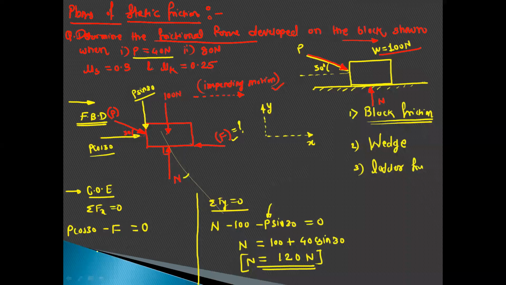Now from the first equation, you can directly find the value of F, which is equal to P cos 30. Force P is 40, so this is 40 into cos 30, which is equal to 34.64. So your answer is this value.